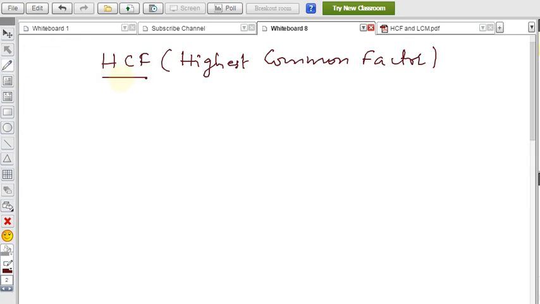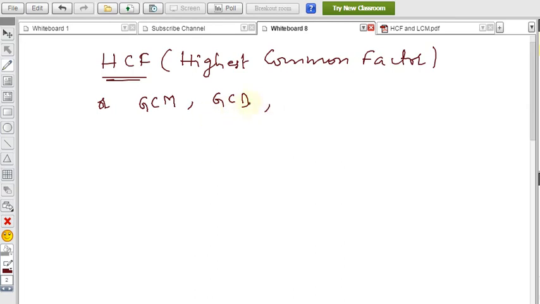Now I'll explain the definition. Sometimes HCF is also known as the greatest common measure, GCM, so don't get confused from the examination point of view. Some books or question papers will give GCM, that is greatest common measure, or greatest common divisor, GCD. Divisor or factor, both are the same. Instead of highest, they'll use greatest.